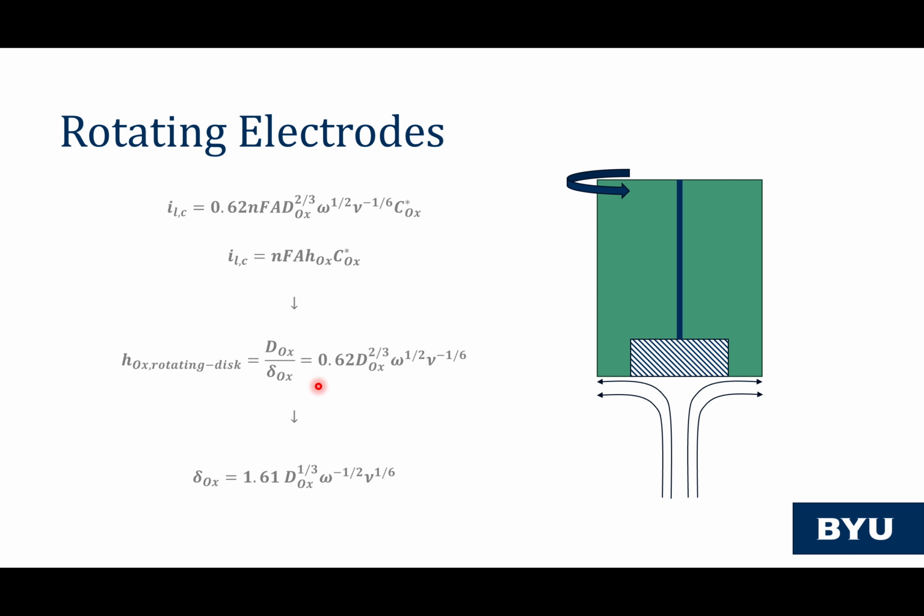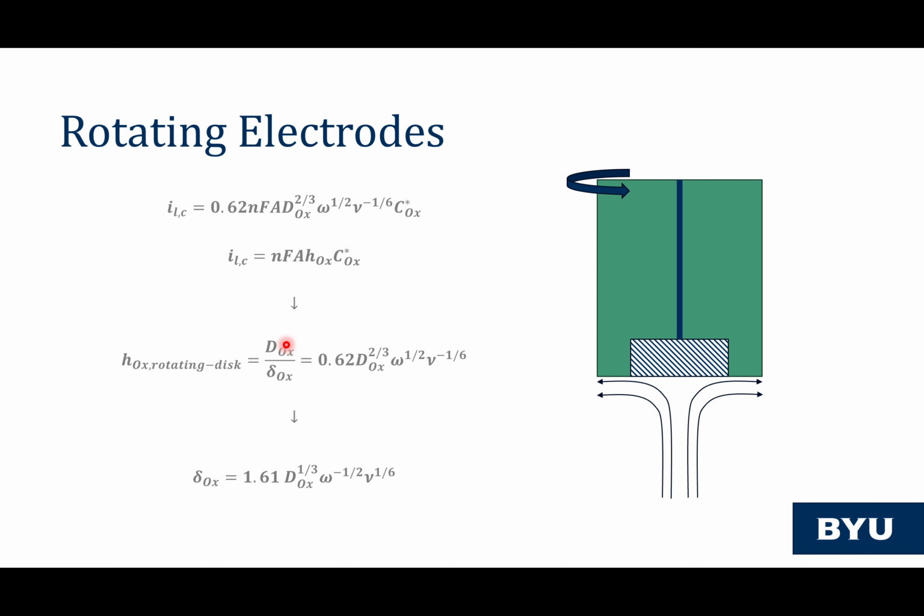And here we have talked about how the mass transfer coefficient is defined in electrochemistry as the diffusivity or the diffusion coefficient over the diffusion layer thickness. So we can get an equation for that.